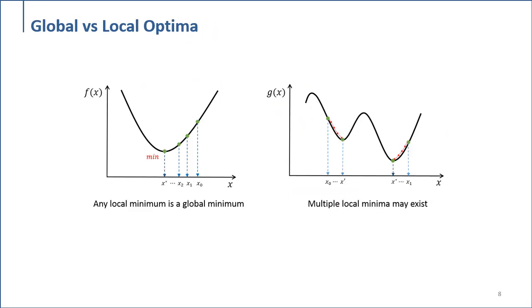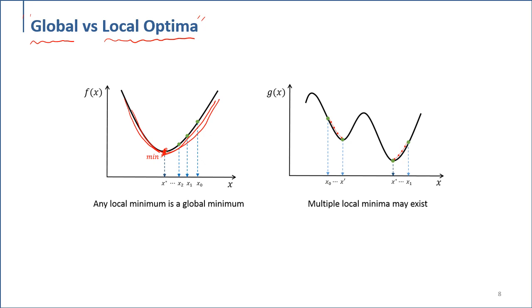And in optimization, there are very important concepts of global optima and local optima. As these words indicate, a global optimum means the solution that is the best over all x. So for example, this could be the global minimum because this one is smaller than any other point for other x.